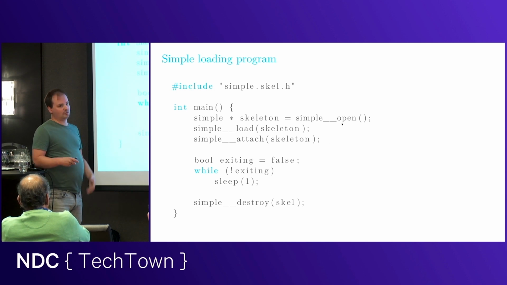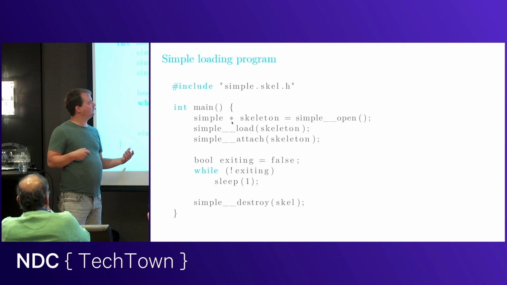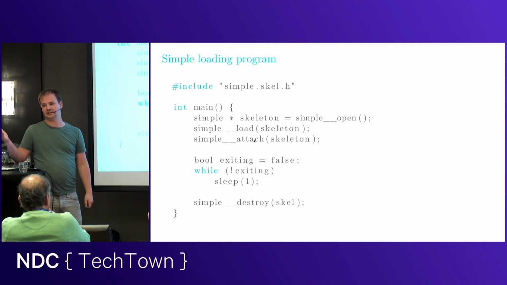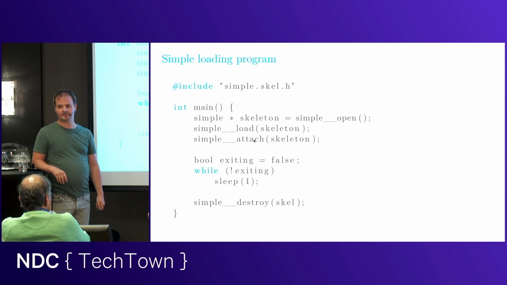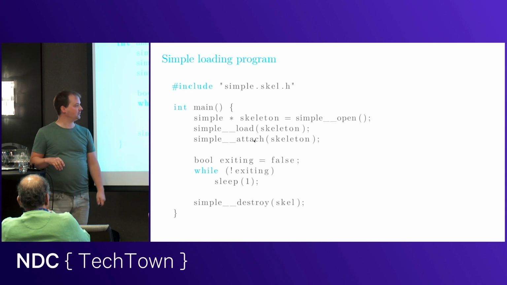So open just opens up the object file. Then I load that into the kernel, and then I attach it to the hooks that are defined in the sections. And then I just loop forever and let the program do its thing, and then I destroy it afterwards.